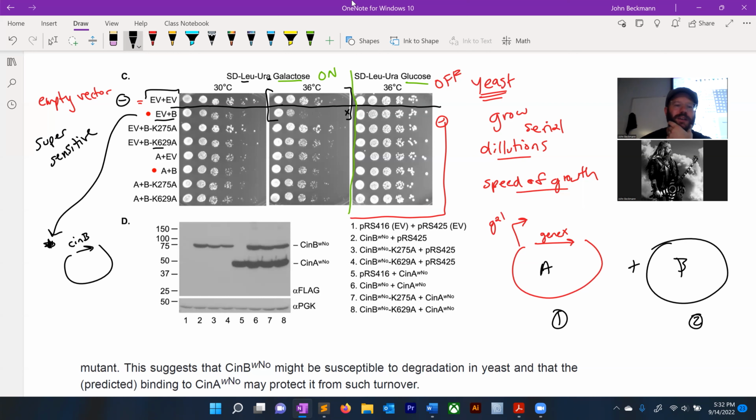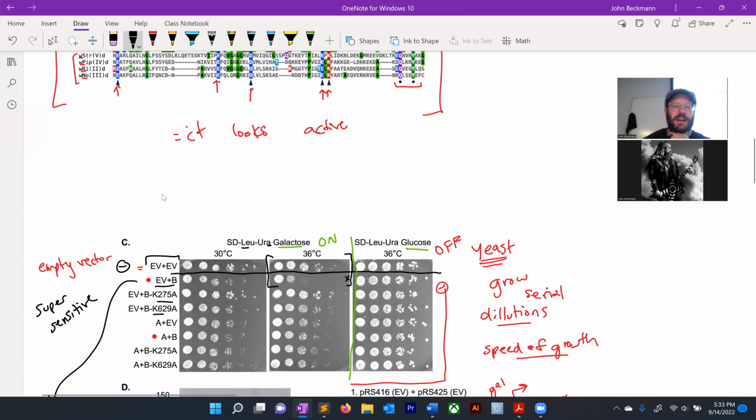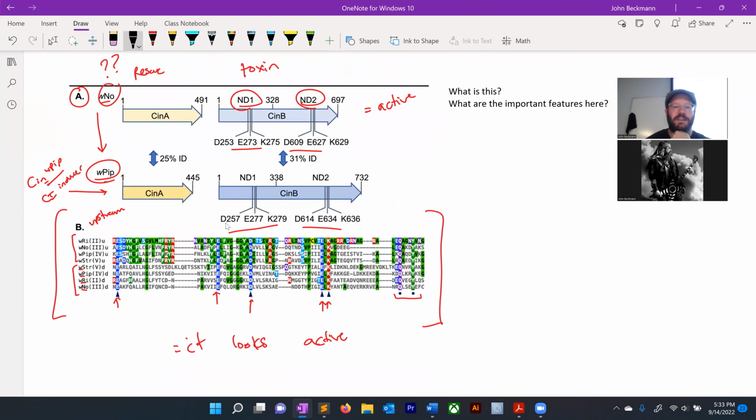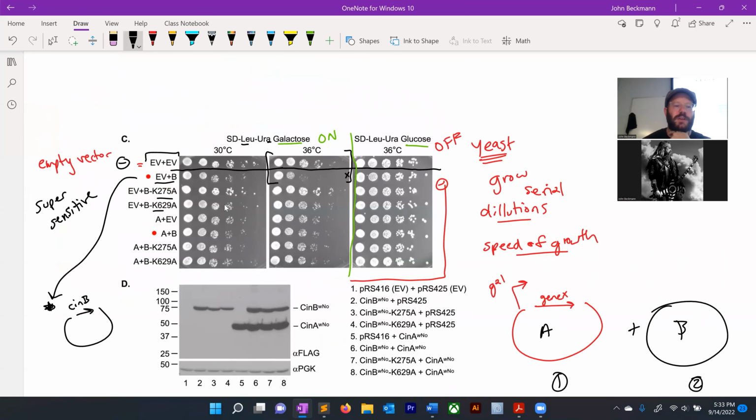Okay, so then what are these? It looks like the same thing: an empty vector plus a B, and then there's this weird notation, K275A. What's that? A point mutation, a change in the amino acid. And guess what they're mutating? They're mutating these important residues, these Ks, that control the function. They're trying to shut off these nuclease domains.